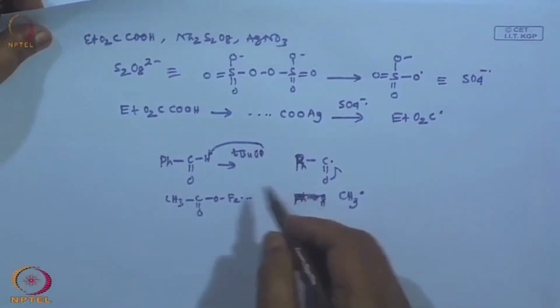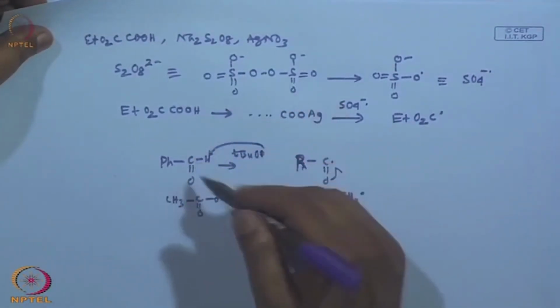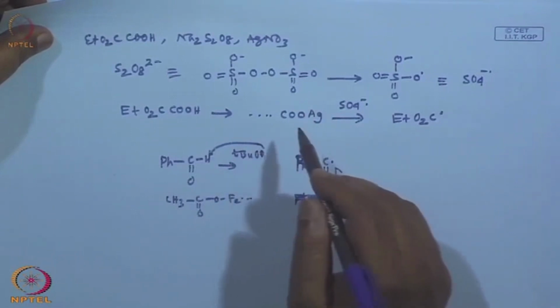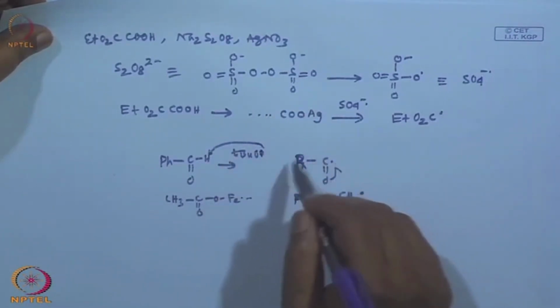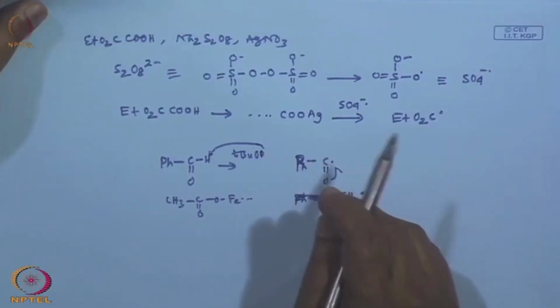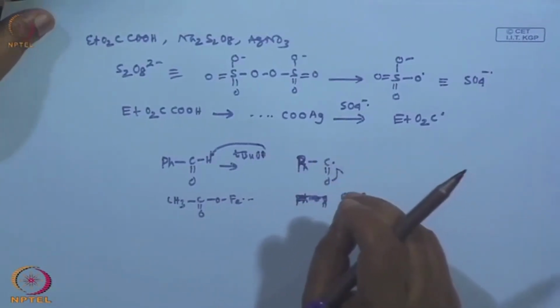So, this reaction set, or the reaction conditions without silver, is nicely suited for radical generation from benzaldehyde. That you have to remember. That means, whenever you have hydroperoxide reagents without silver, there is a likelihood that it would produce radicals alpha to oxygen. So, we will have more examples.